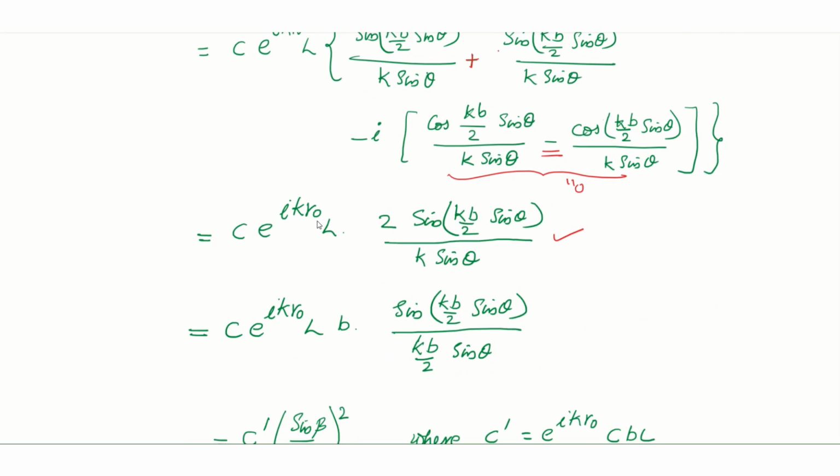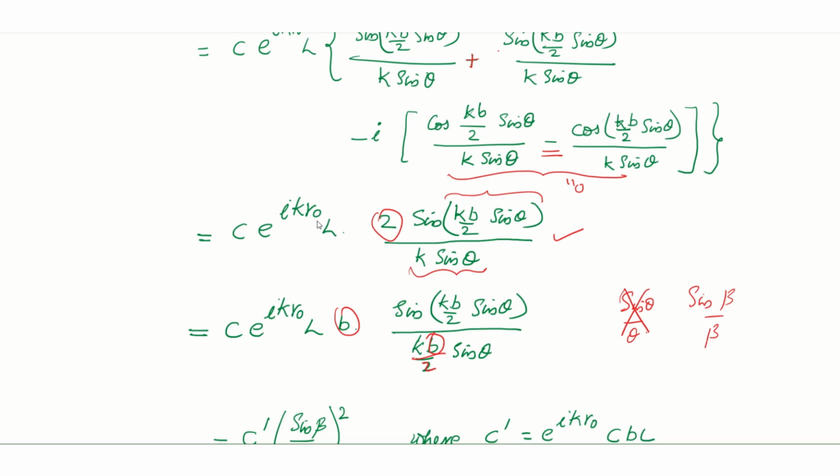Whatever is left is this one. But since we want to make the numerator and the denominator the same, simply multiply the numerator and denominator by b. You take this 2 to the denominator, and therefore you get something like sin beta over beta.